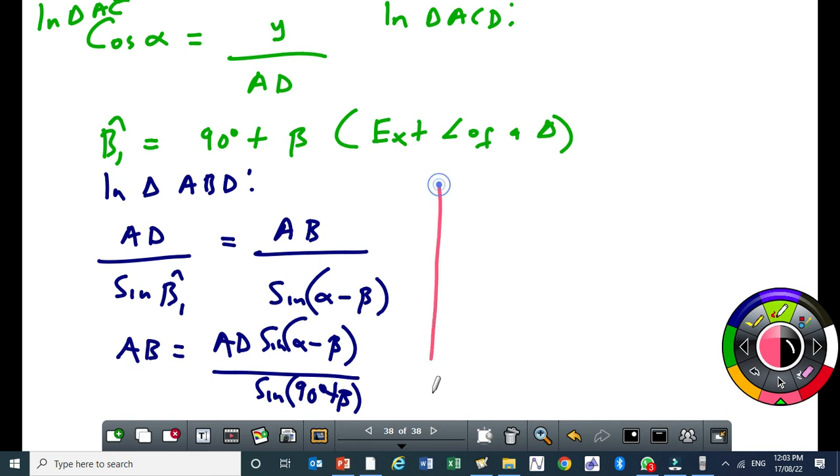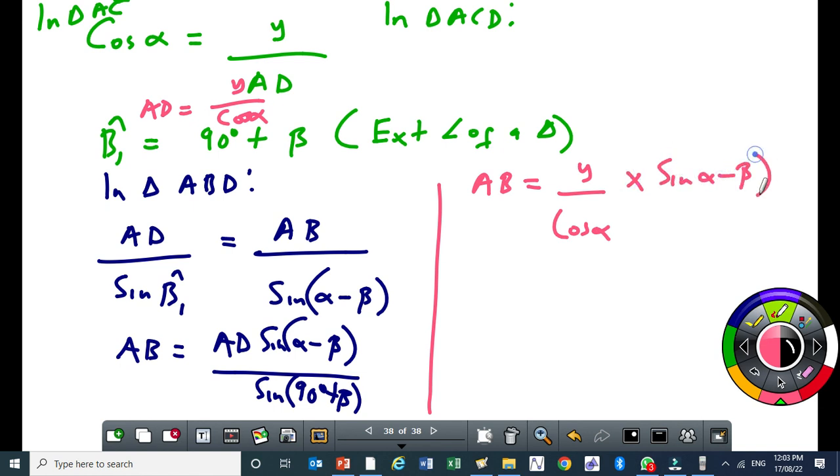So where there is AD, I can substitute. Our AD here is equal to y over cos alpha. Therefore, AB will be equal to y over cos alpha times sine alpha minus beta over sine 90 plus beta.